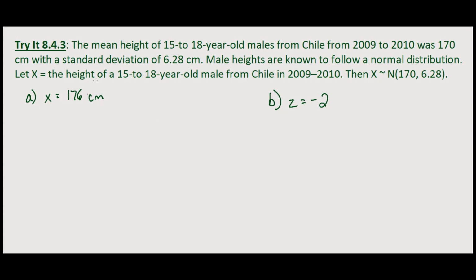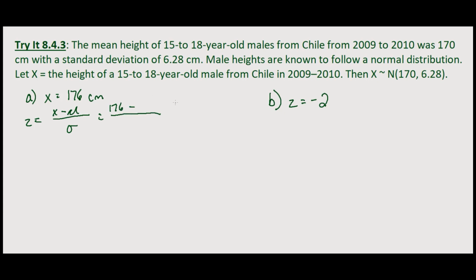So if we look at the formula for a z-score, z equals the value minus the mean divided by the standard deviation. Our value is 176 centimeters.